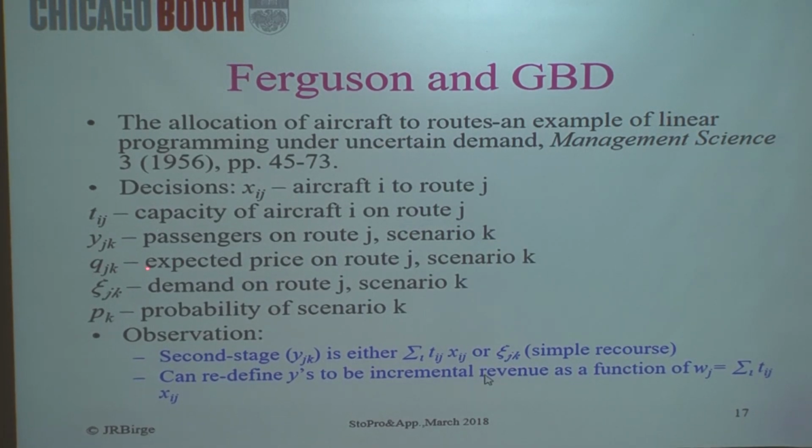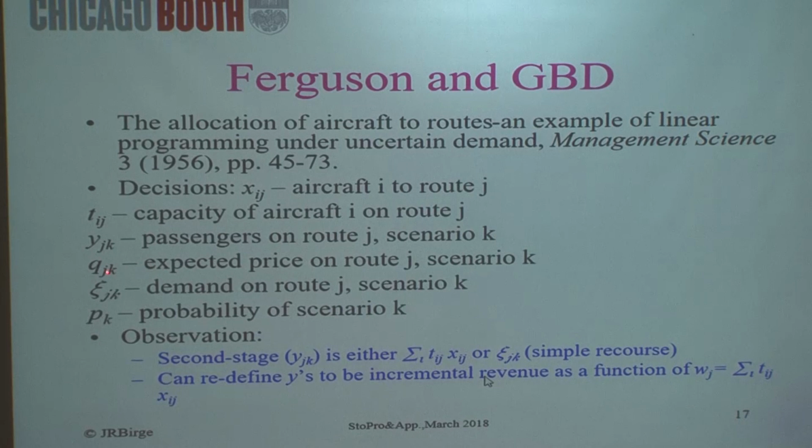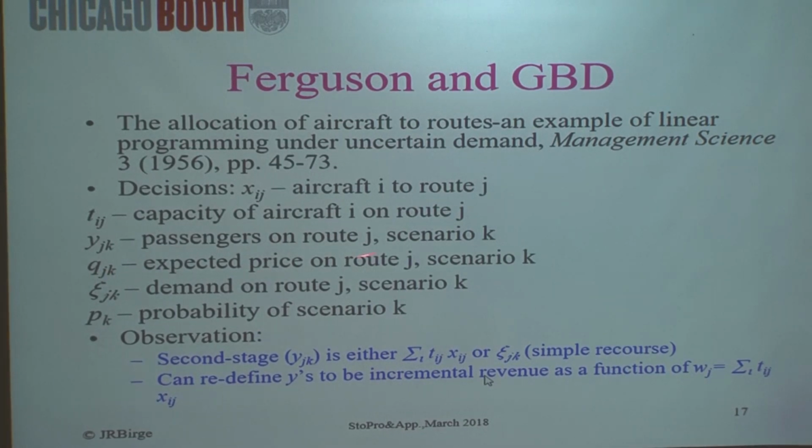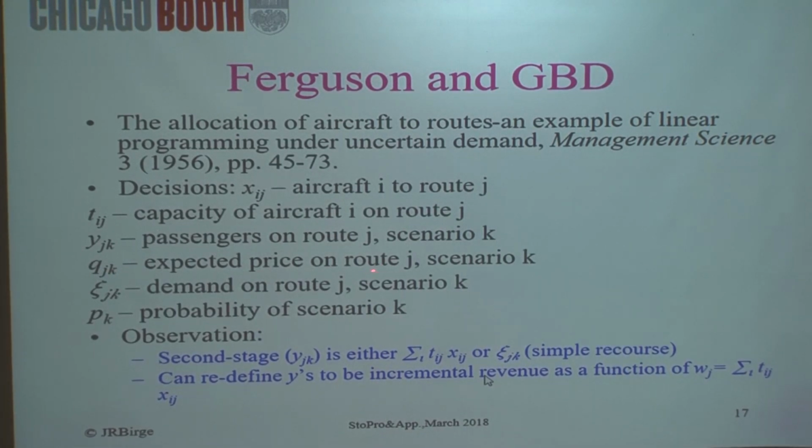And then, as I said, there's these Q's that I calculate, like the expected price on each route under scenario K. And then, as I said, the demand is uncertain. So under each scenario K, I'm going to have an uncertain demand, and then there's a probability associated with it.